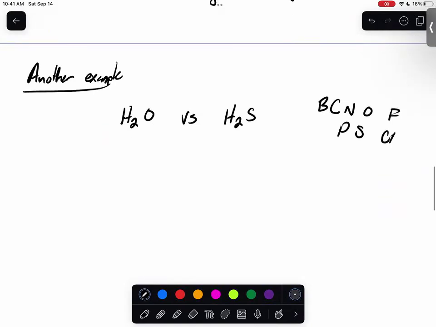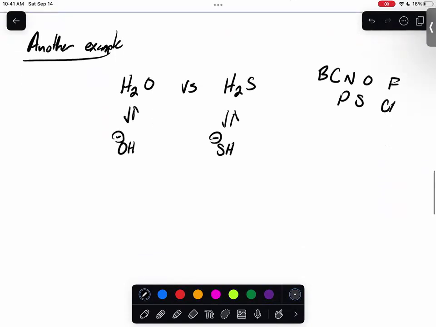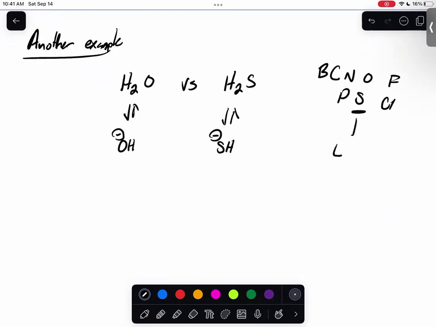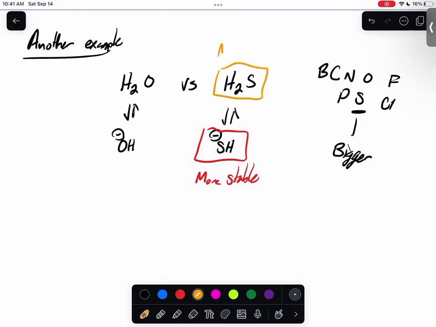So for the conjugate bases, we have OH minus, SH minus, and sulfur, as we just said, is bigger. We know that bigger is better in terms of stability. So SH minus is more stable. Therefore, H2S must be more acidic. Okay?